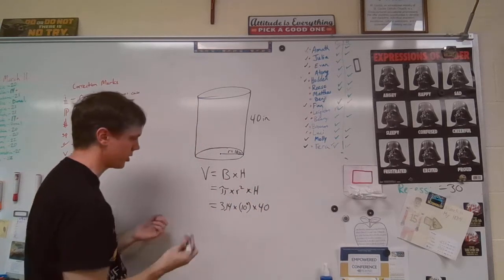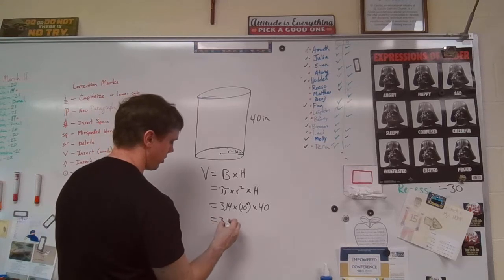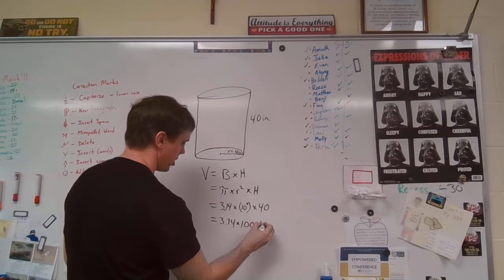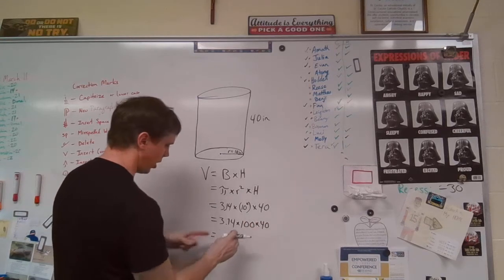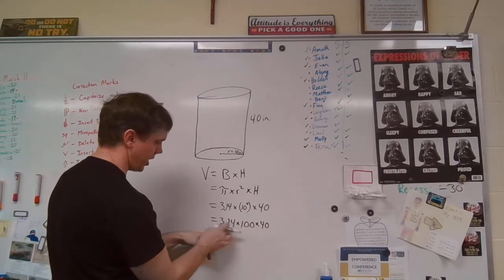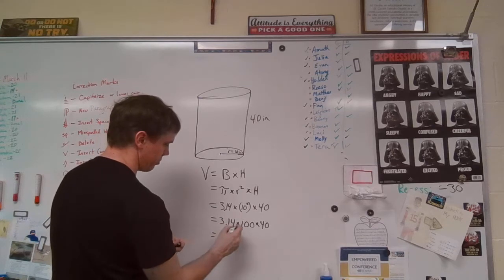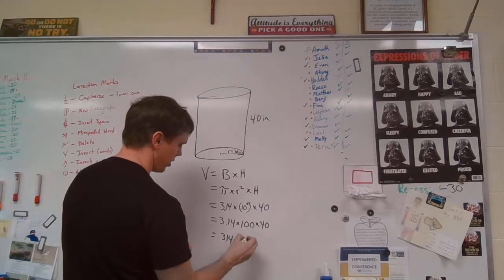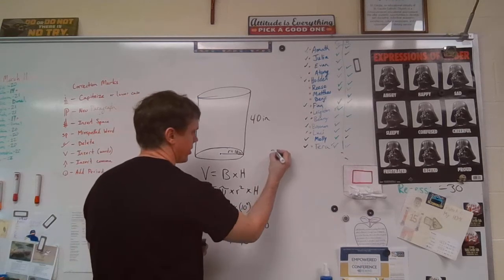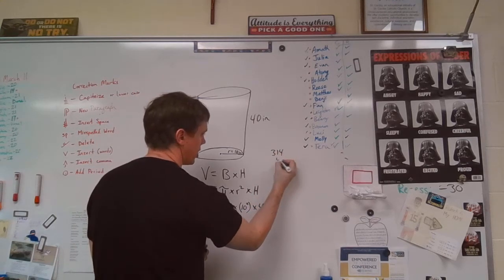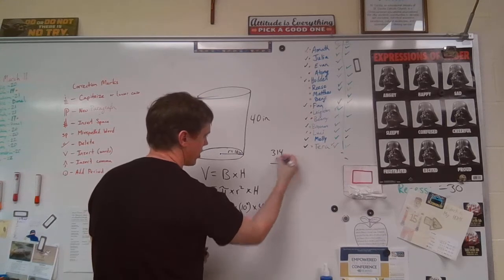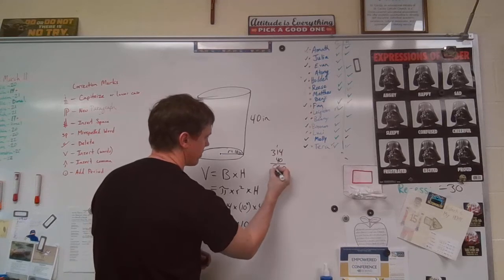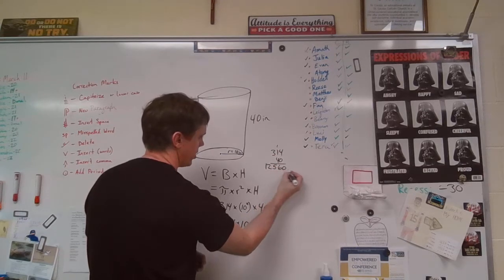All right, then we just go through this. So you have 3.14 times 10 squared, which is 100, times 40. Well, fortunately, I know that 3.14 times 100 is just moving that decimal twice, so it's going to be 314 times 40, which is a little harder math, but that's not too bad. 314 times 40, we have a 0, 4 times 4 is 16, carry the 1, 4 times 1 is 4, plus 1 is 5, 4 times 3 is 12.